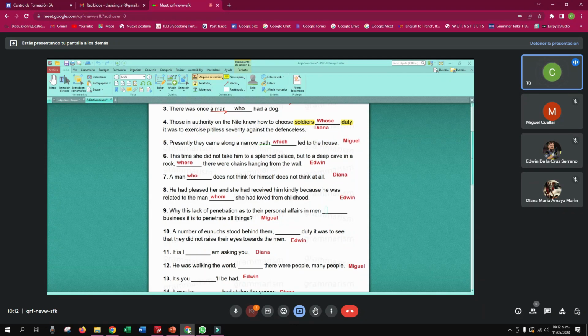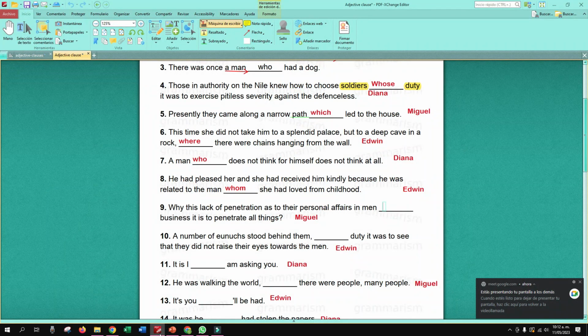Okay, I guess he's not there. So it says, why this lack of penetration as to their personal affairs is in men business, it is to penetrate all things. What should be the answer of this one? Talking about affairs in men, why?